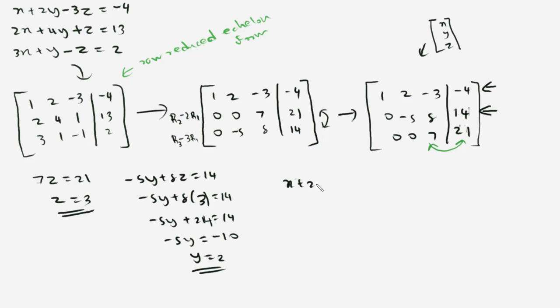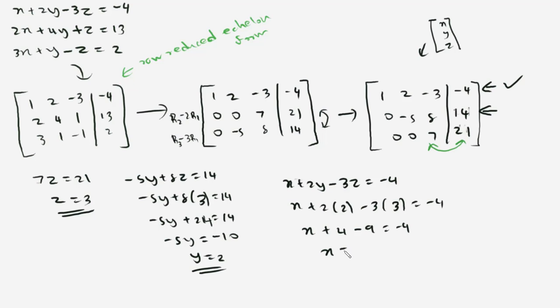Then using the first row, x plus 2y plus 3c will be equal to minus 4. So y will be 2, c will be 3, so x plus 4 plus 9 equals minus 4, and this will produce x equals minus 17.